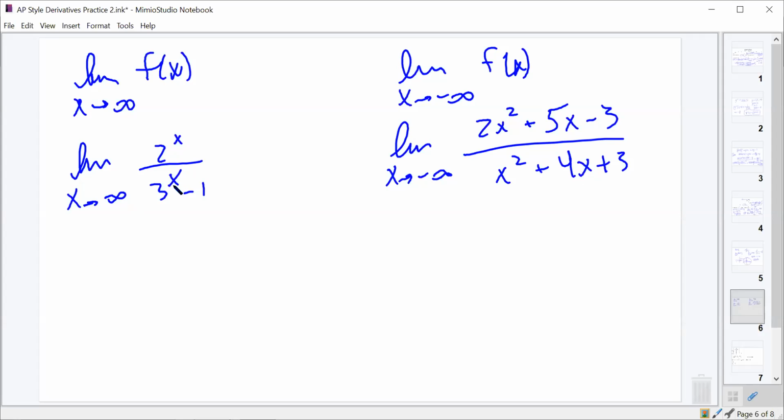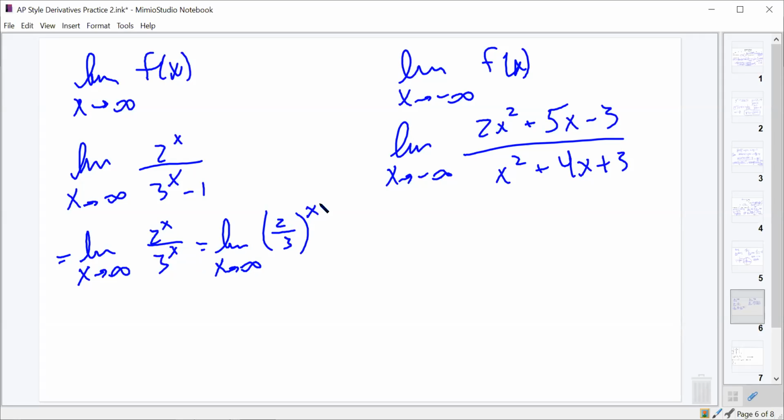As x goes towards infinity, 3 to the x is so much more than minus 1 that the minus 1 is not going to matter anymore. So we could really just worry about 2 to the x over 3 to the x, or the limit as x approaches infinity of 2/3 to the x power.